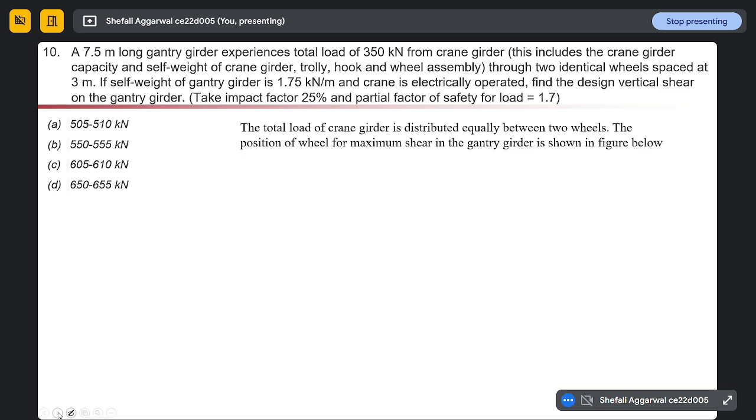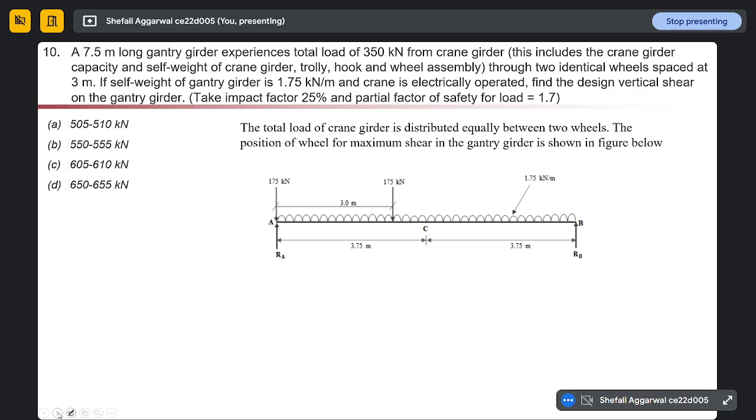Solve the question. First thing, what is given to us, the total load of crane girder will be distributed equally among two wheels. For the maximum shear, one wheel of our crane should be kept at the corner of our gantry girder.